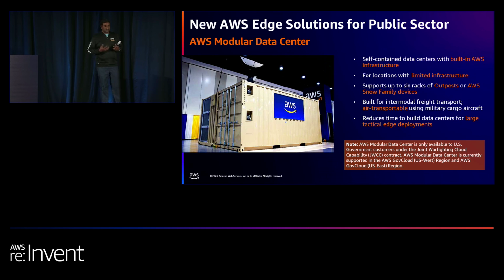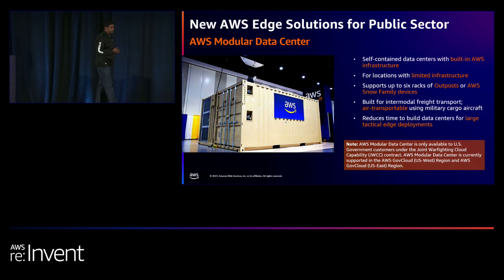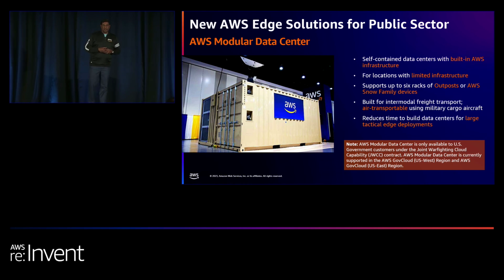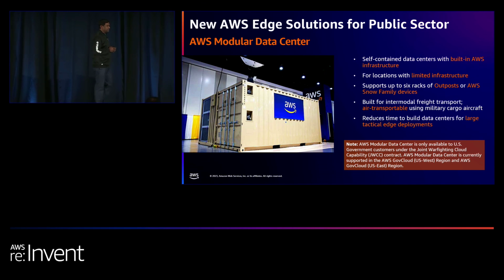So if you think about it for our defense customers, especially outside the US or OCONUS locations, where they don't have infrastructure, or if they were to set up infrastructure, they're constrained by the amount of compute and storage and networking they can set up, or they may have to spend 2 years setting up a new data center.